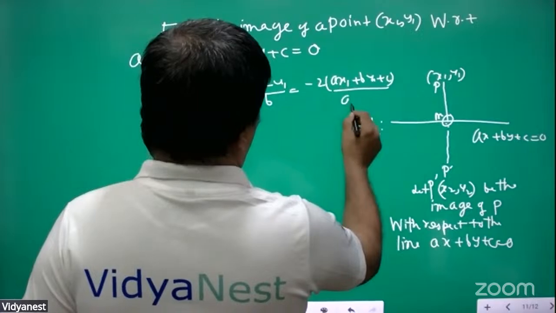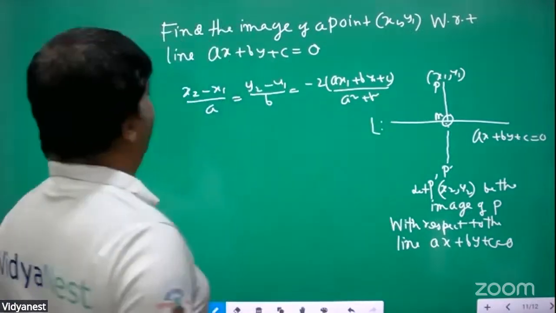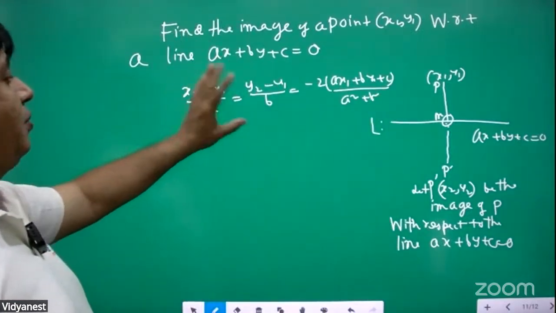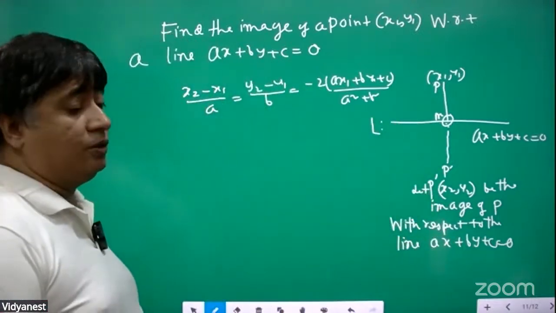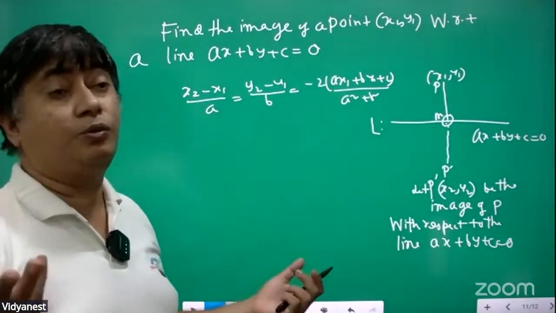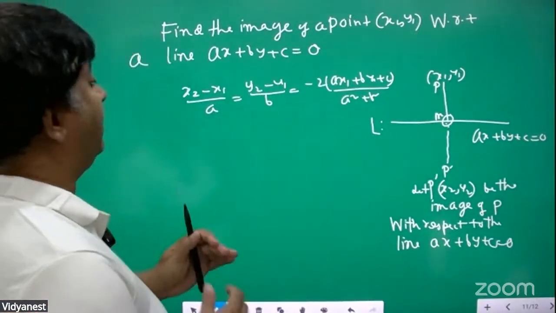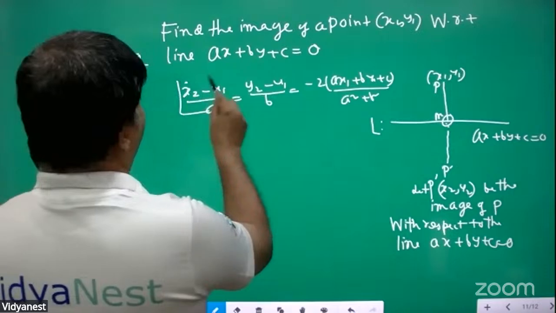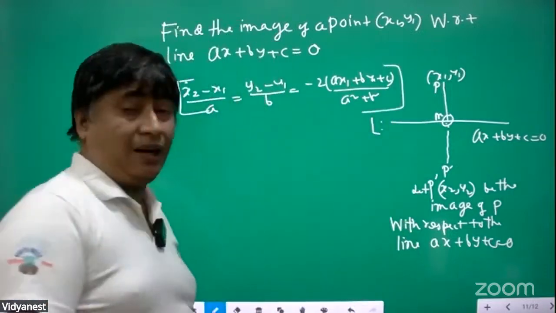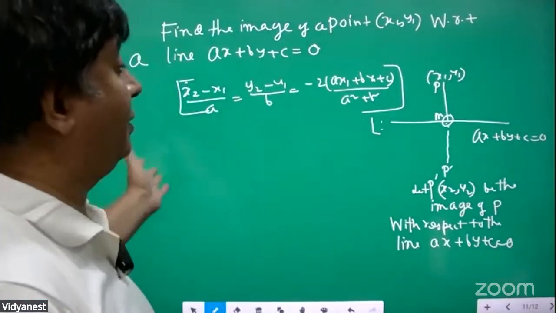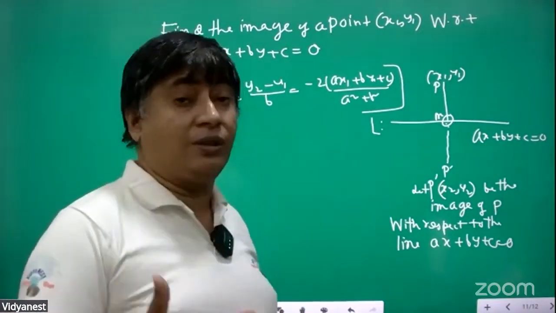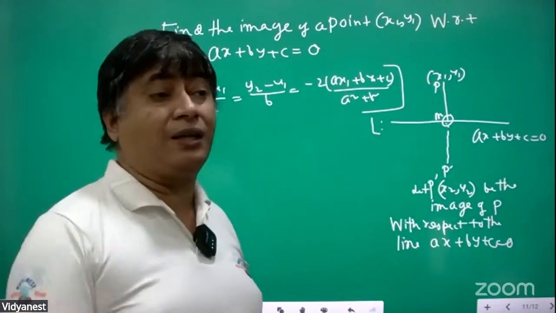Here a, b, c, x1, y1, everything will be known. You will get the value of x2, y2. So you will just spend 2 or 3 minutes. But you can ask from where it is coming. Because unless you accept it by heart, you can hardly use the formula at the proper time.